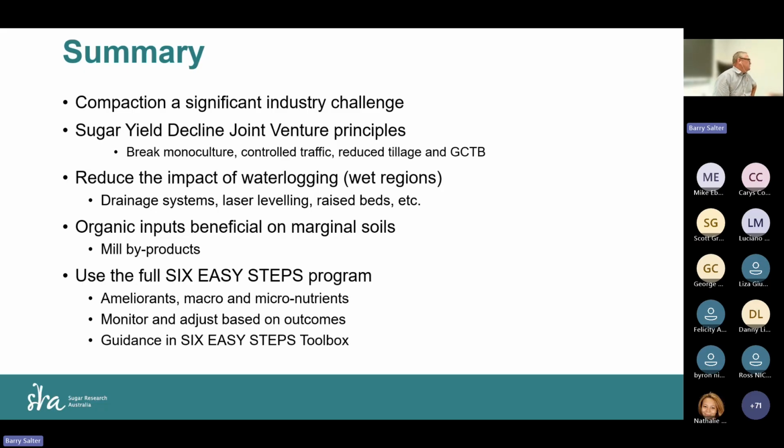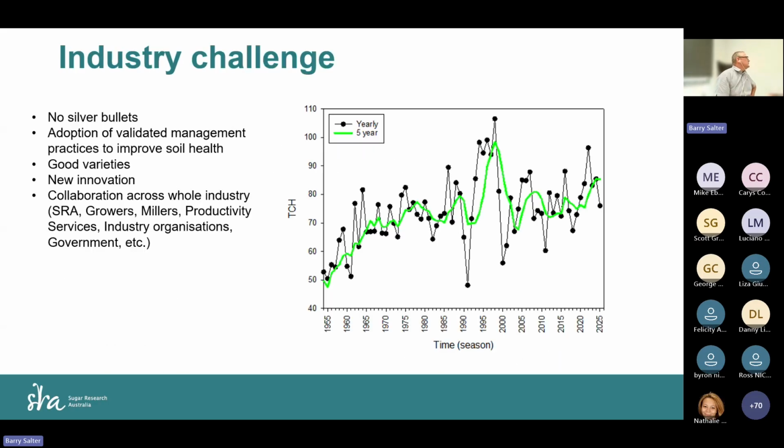Mill byproducts and other organic inputs into marginal soils are definitely beneficial. And like I said about the 6 Easy Steps program, I certainly would recommend that, and also the guidance in the 6 Easy Steps toolbox on the SRA website.